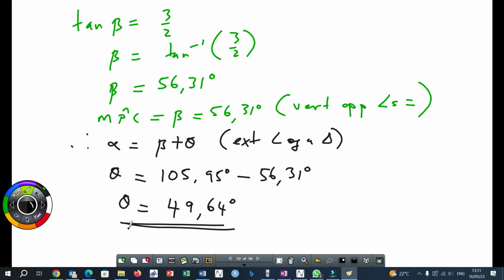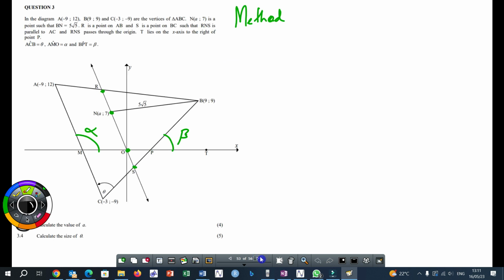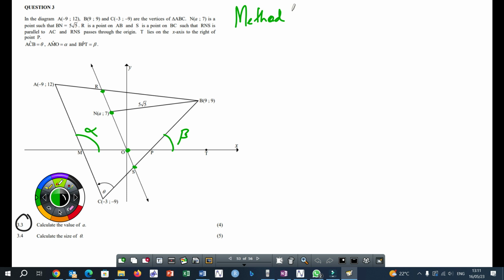Okay? So let's move on to method 2. Method 2 involves construction.